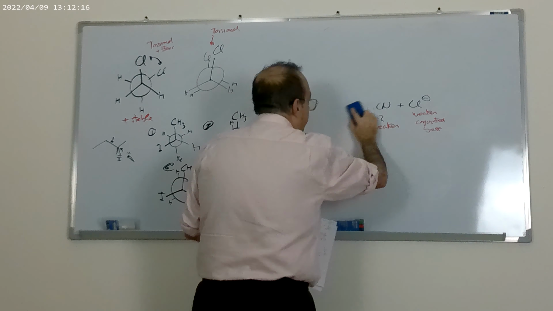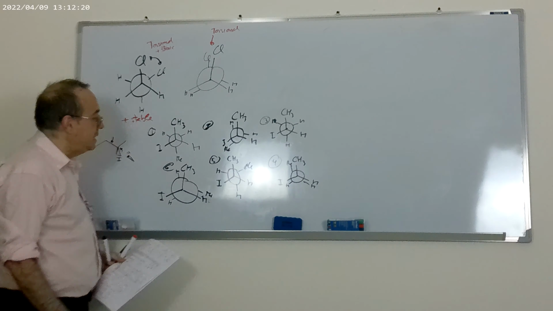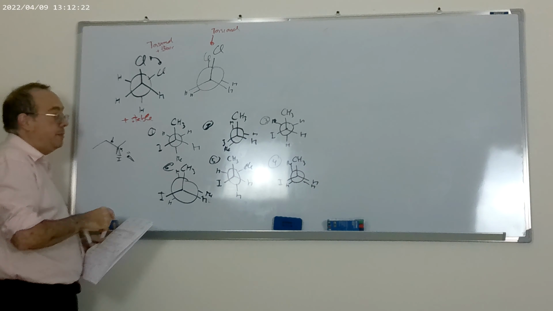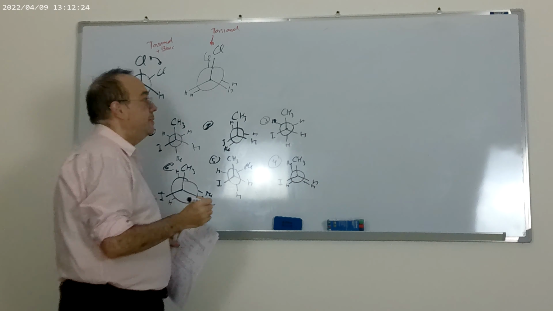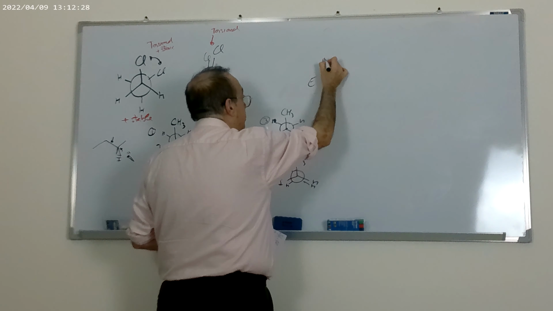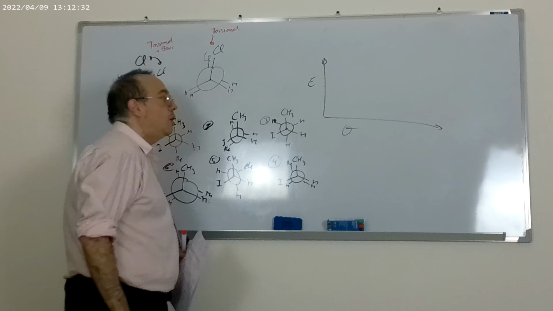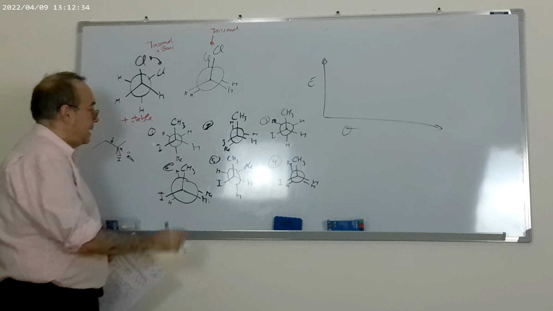When I have the 6 conformations, what do I know? All the staggered conformations will be a minimum in the energy diagram. Remember, energy here, and here is the angle of rotation. I start with the 1.